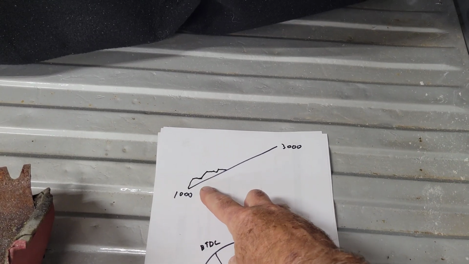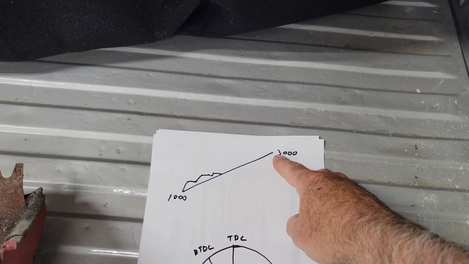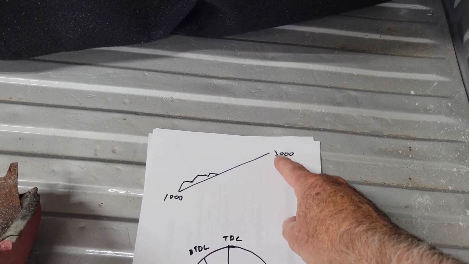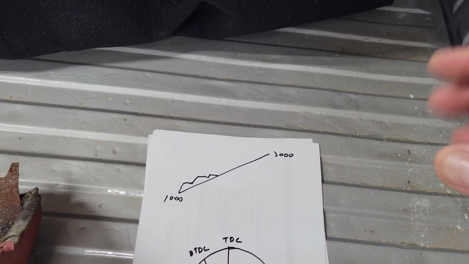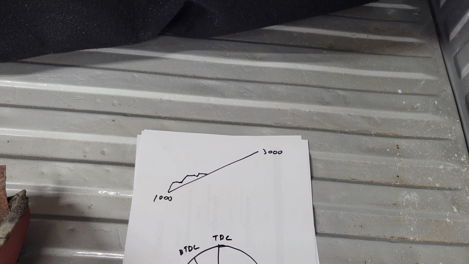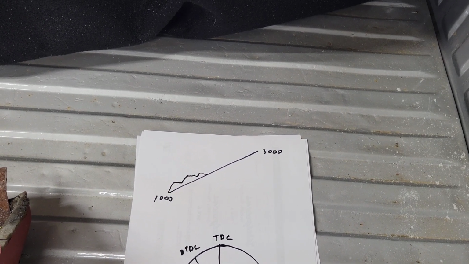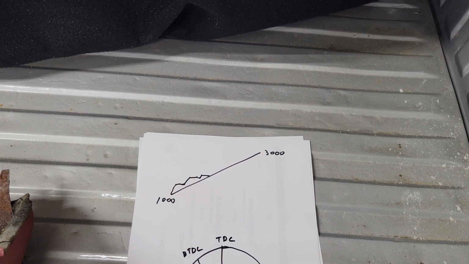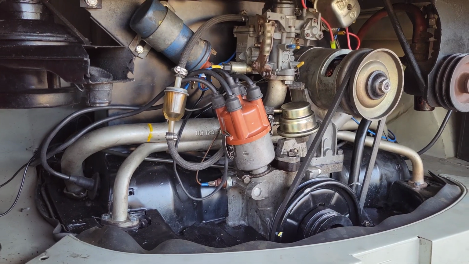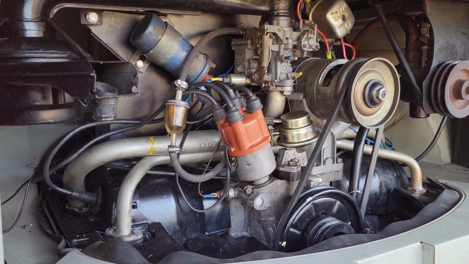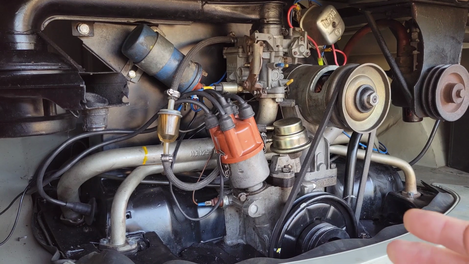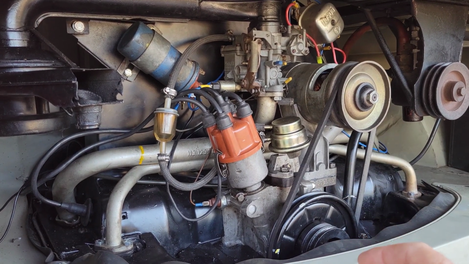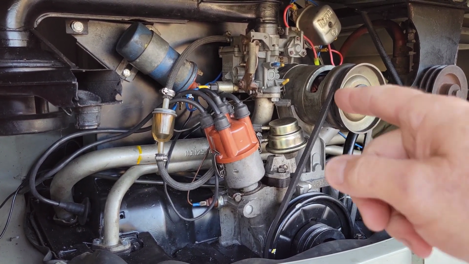So the vacuum advance can limit your total advance, which may not be what you really want to do, especially if you're running higher RPMs, which most of us are on the freeways today. We're going much faster. So on a vacuum advance distributor, your timing is partly mechanical and partly vacuum.